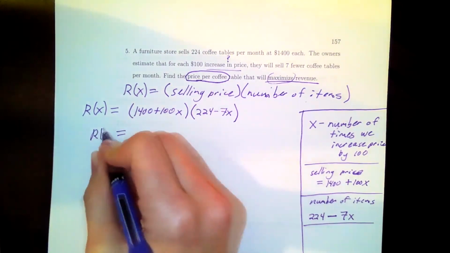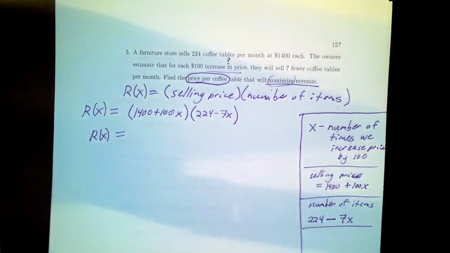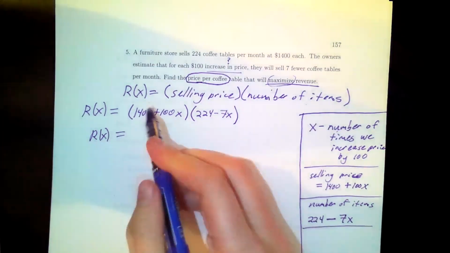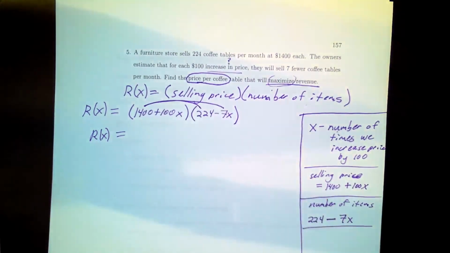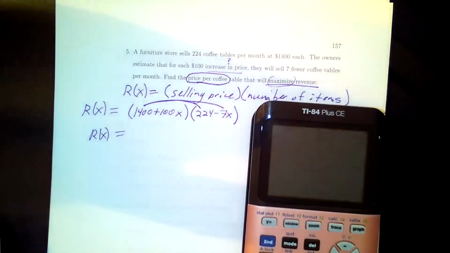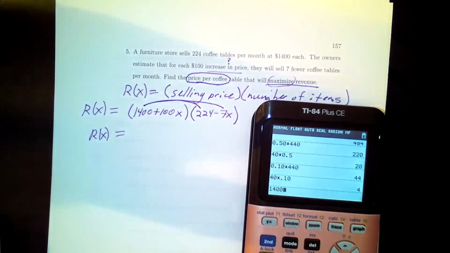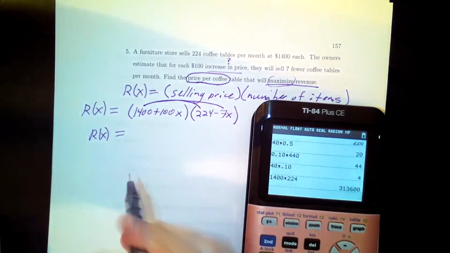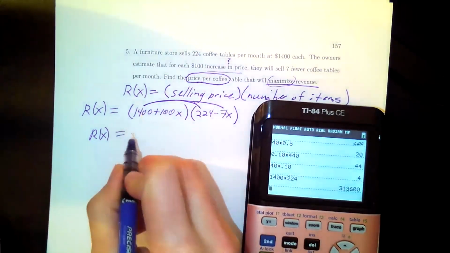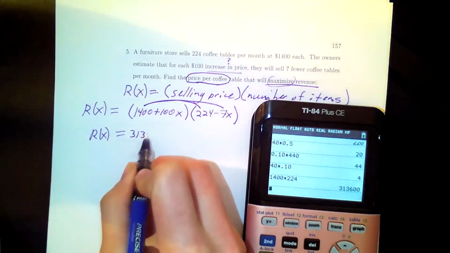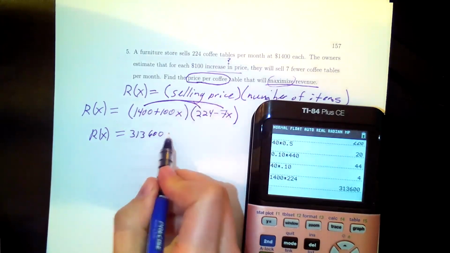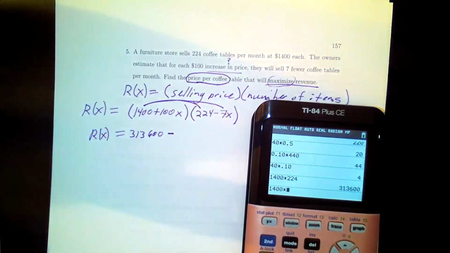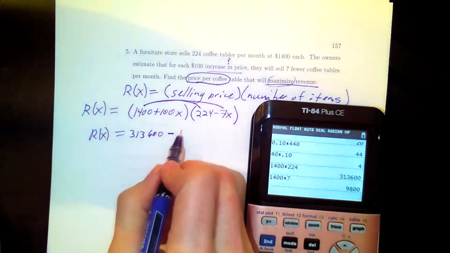In order to make use of this, we've got to simplify and combine like terms to have a nice workable function for R. So let's take 1,400 and multiply it by 224 minus 7x. 1,400 times 224 is 313,600. And 1,400 times minus 7x is minus 9,800x.